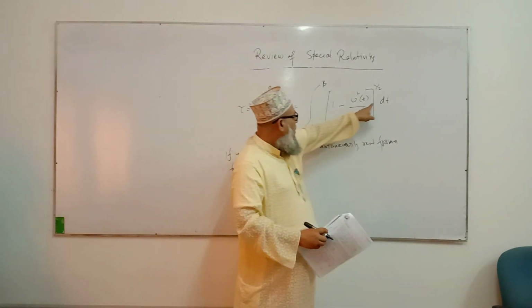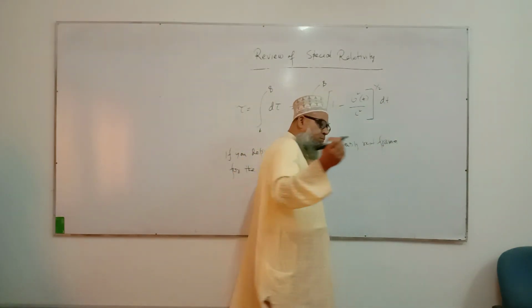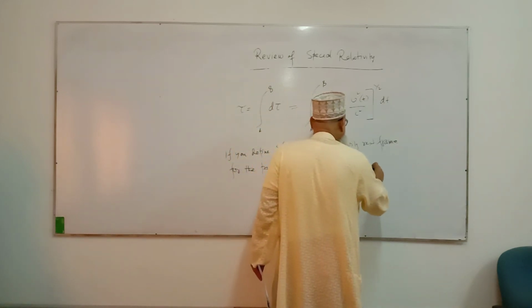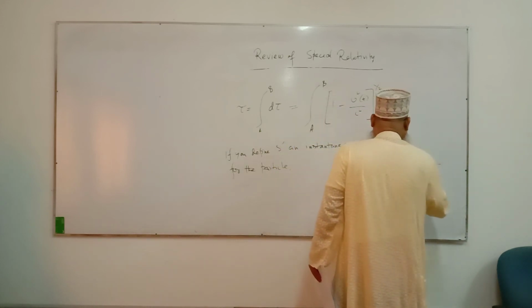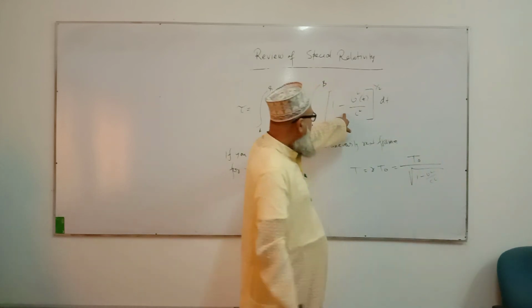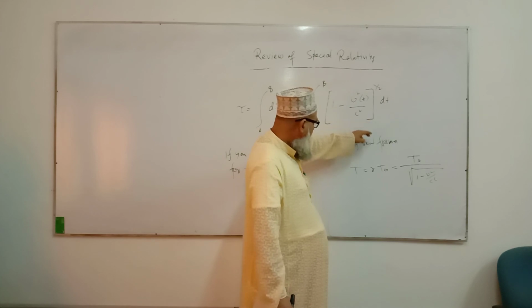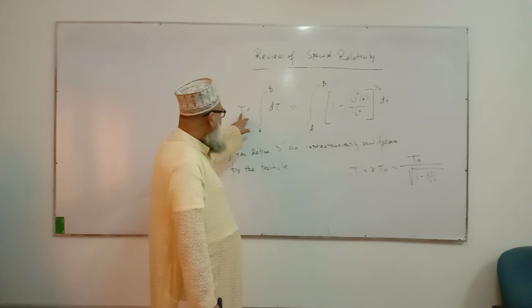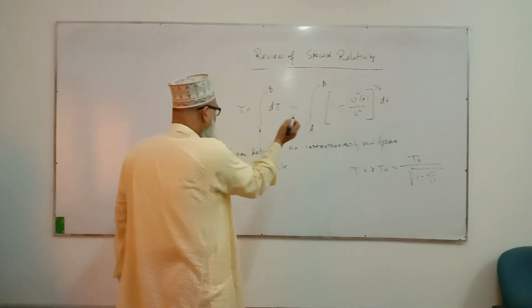Now, what is this? I wrote it a little while ago. We have found time dilation. What was that? t equals gamma t naught, or t naught divided by the square root of 1 minus v squared by c squared.